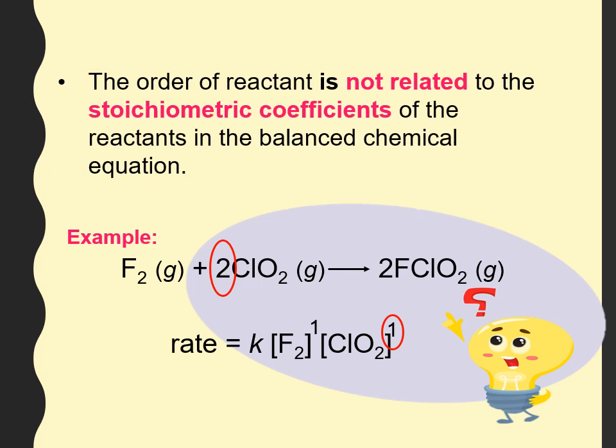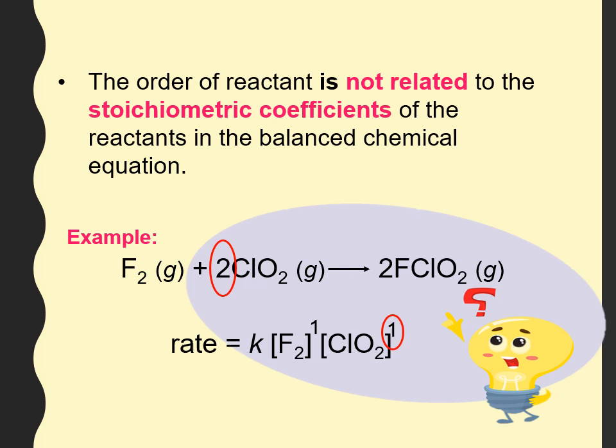For example, here we have an equation of F2 gas plus 2 ClO2 gas becoming 2 FClO2 gas. So the rate law is equals to k, concentration of F2 to the power of 1, ClO2 to the power of 1.